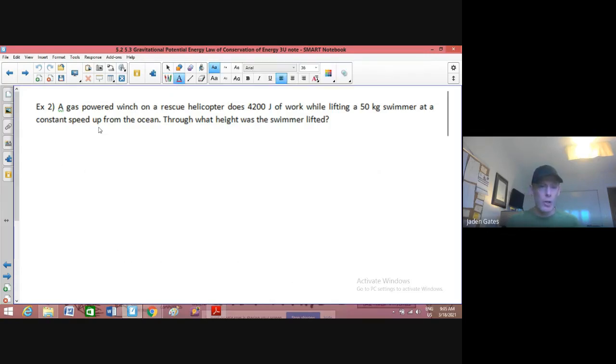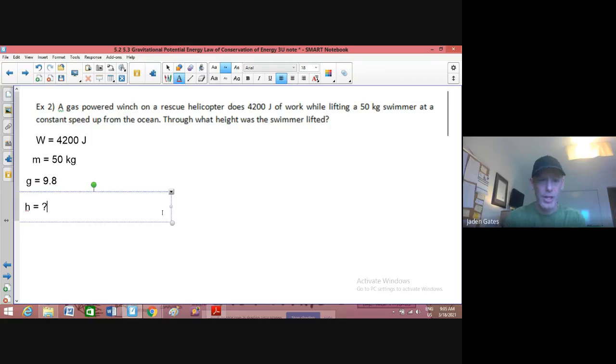Looking at our values, the work we're applying is 4,200 joules. The mass of the swimmer is 50 kilograms, and our g value is 9.8, in meters per second squared, but I'm going to leave that out. What we want to know is the H value, how high up this person was lifted.